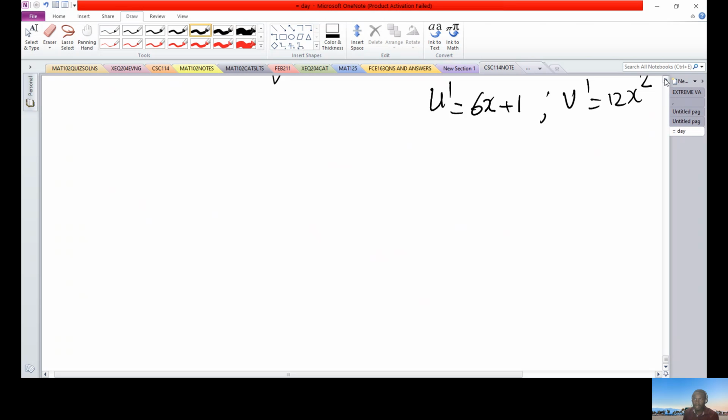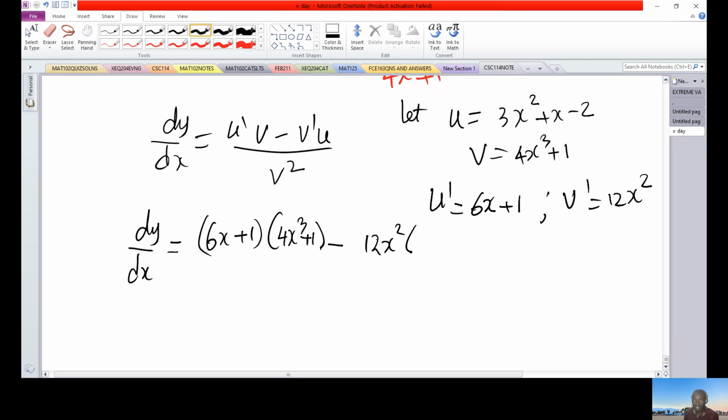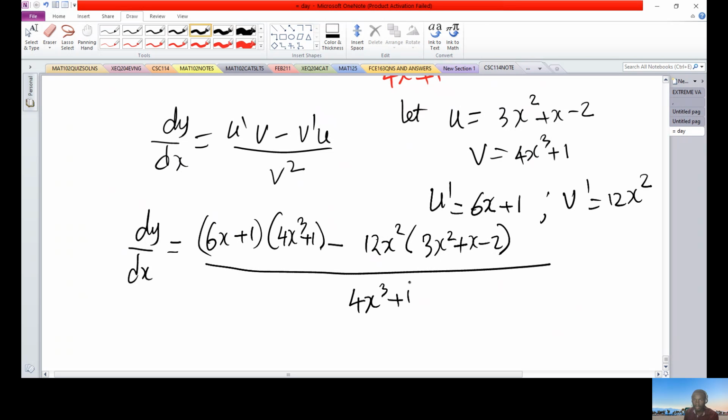So replacing these values into the formula, we'll have dy/dx will be u', which is 6x + 1, times v, which is 4x cubed + 1, minus v', which is 12x squared, times u, which is 3x squared + x - 2, divided by v squared, (4x cubed + 1) squared.